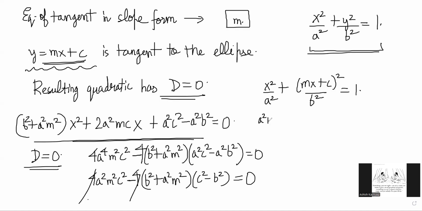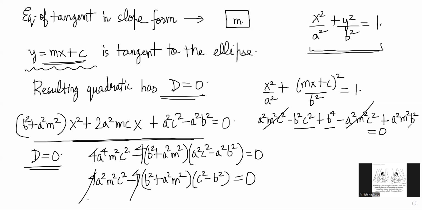So we get a square m square c square minus b square c square plus b power 4 minus a square m square c square plus a square m square b square equals 0. So this gets cancelled. And now in all of these three terms, you can cancel a b square. So you get b square minus c square plus a square m square is equal to 0. And from here we get c square is equal to a square m square plus b square.